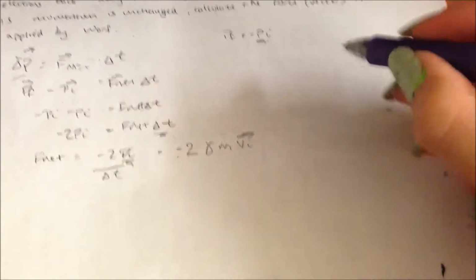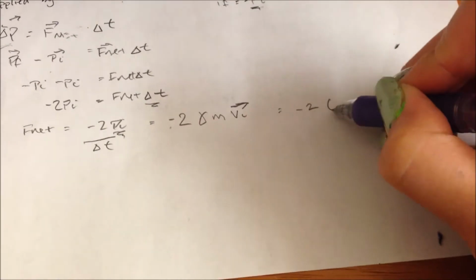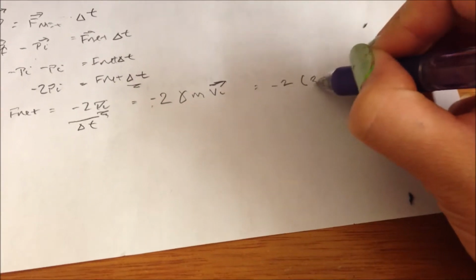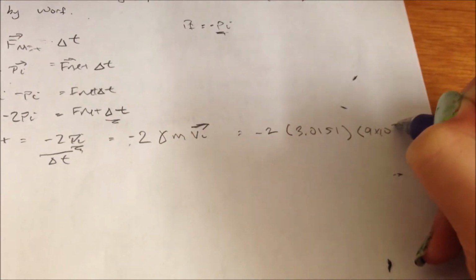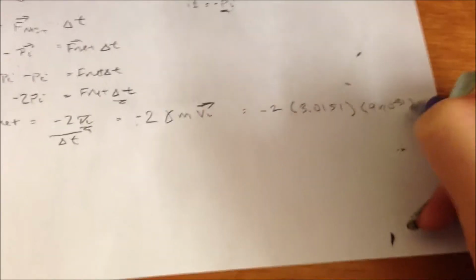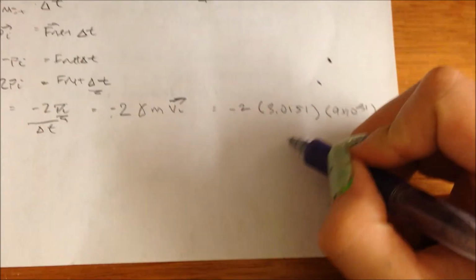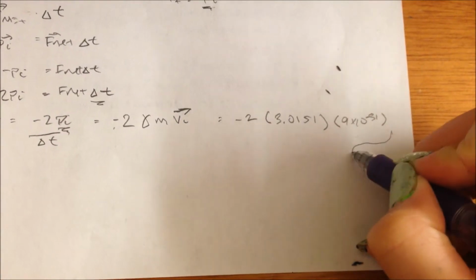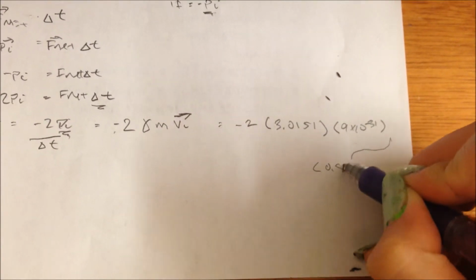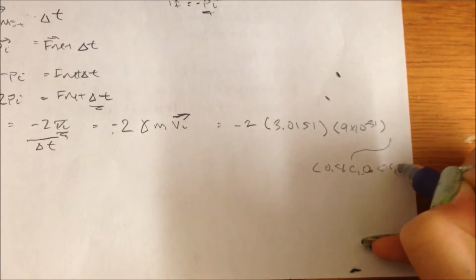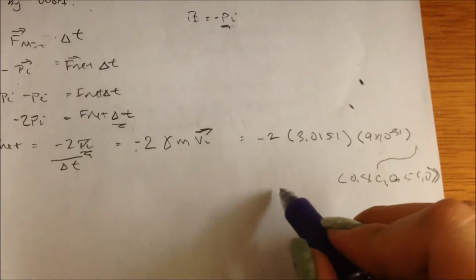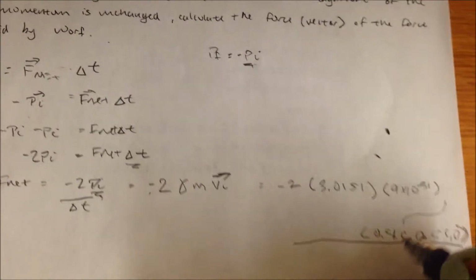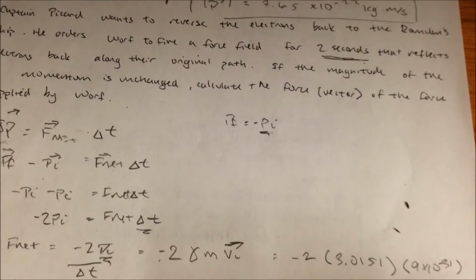It's negative 2 times gamma, which we found to be 3.0151, times the mass of an electron, which is 9 times 10 to the negative 31st. Then you multiply that by the velocity vector, 0.8c, 0.5c, 0. I'm just inserting it over here because I ran out of space. And then this is all divided by the time, which was 2 seconds.